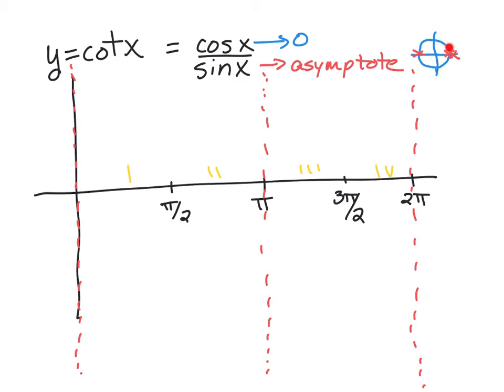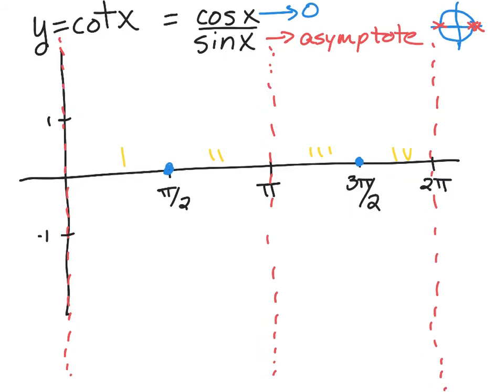So between quadrant 1 and 2, I have a 0. Between quadrants 3 and 4, at the bottom, I have a 0. And in the middle, I forgot to put my 1s. Sine and cosine equal each other at the 45s, right? So the ratio of cosine to sine is going to be 1 at the halfway marks.